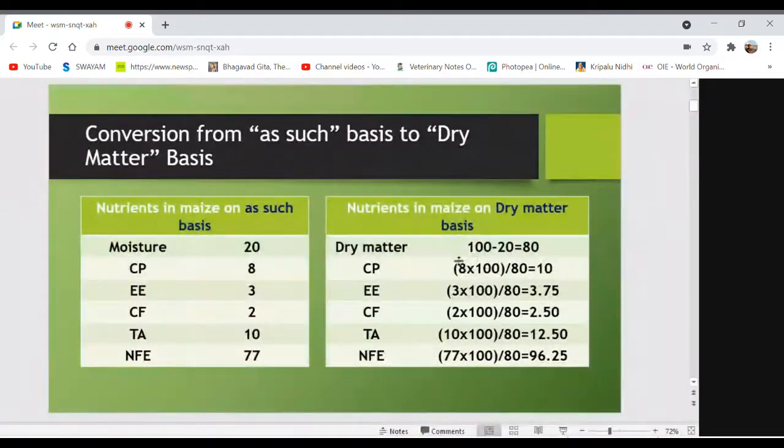It should be 8 divided by 80, where 8 is your nutrient percentage, or here in this case CP percentage on SS basis, divided by diameter percentage, into 100. Okay, it is clear. So this way you can convert the nutrients of SS basis into diameter basis.